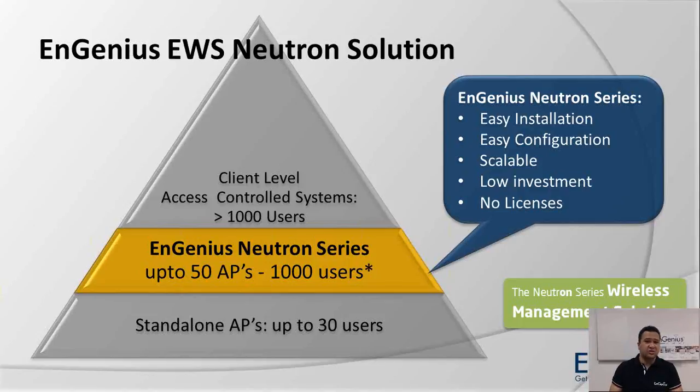The solution is positioned in places where easy management of access points is required. It is not a management system on client level, but it can be a part of it. So the key points for our Neutron solution are easy installation, easy configuration, scalability, low investment, and last but not least, no licenses.